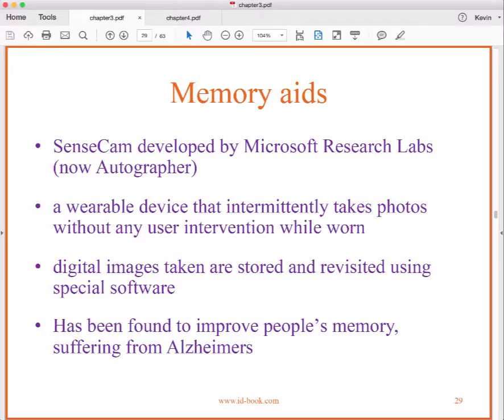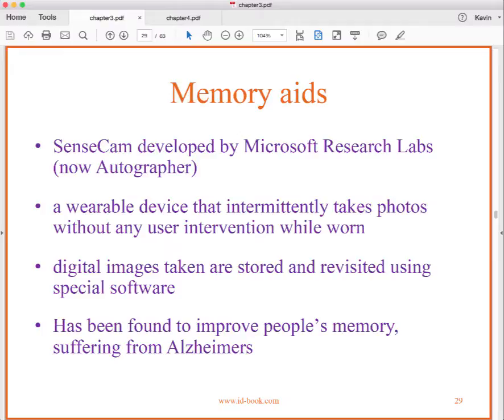It's a wearable device that intermittently takes photos without any user intervention while worn. The digital images taken are stored and then revisited using special software. It's been found to improve the memory of people who are suffering from Alzheimer's or other causes of dementia.